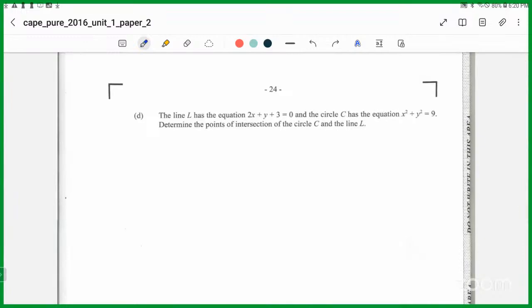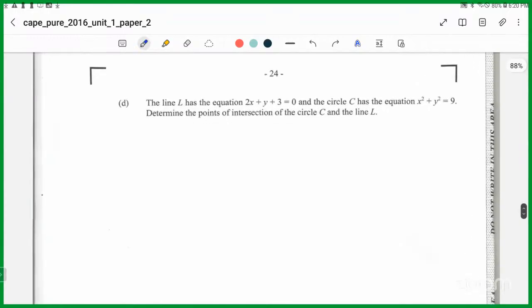Yes, sir. Right. It says line L is this equation, that's a line, and a circle is this one. Clearly the center of the circle is 0, 0.